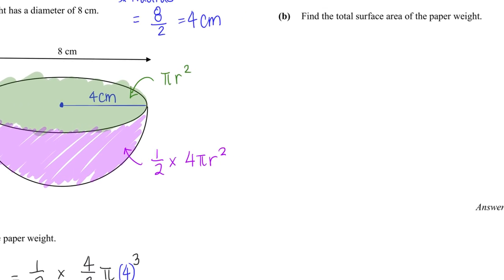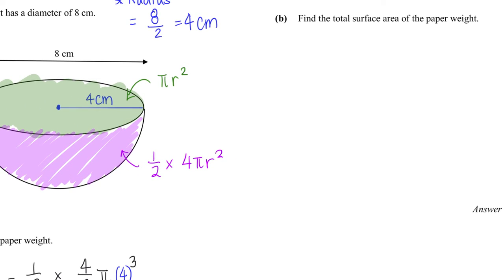And therefore, in my working here, you would see this, that when I try to find the total surface area of this particular paper weight, I will have pi, and the radius is 4 squared.